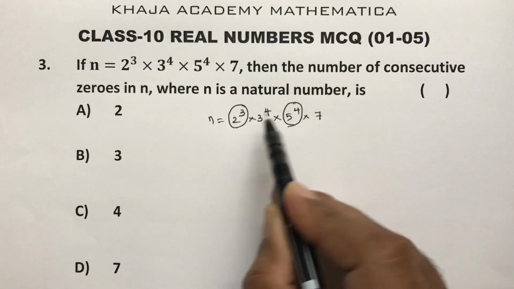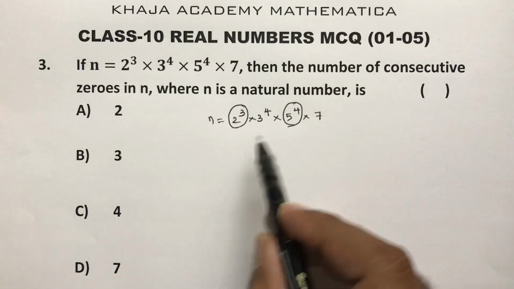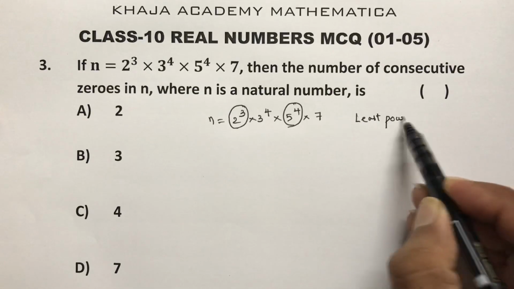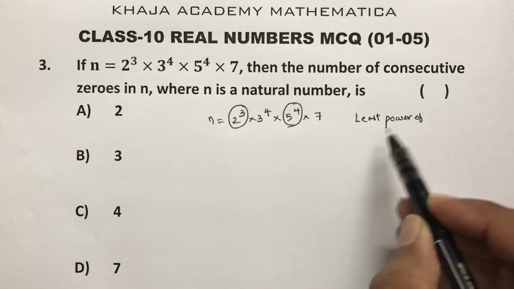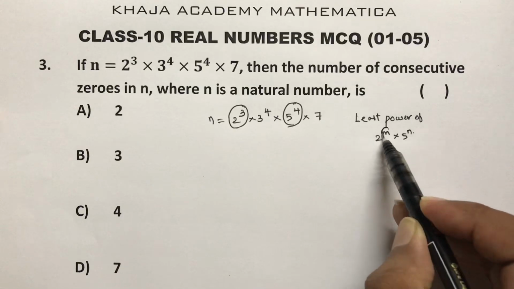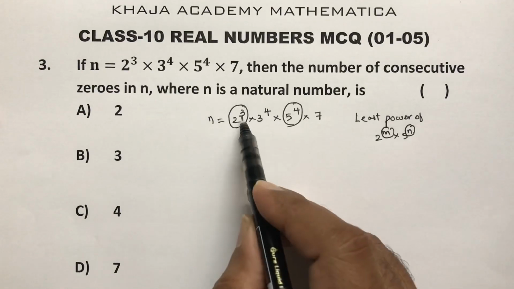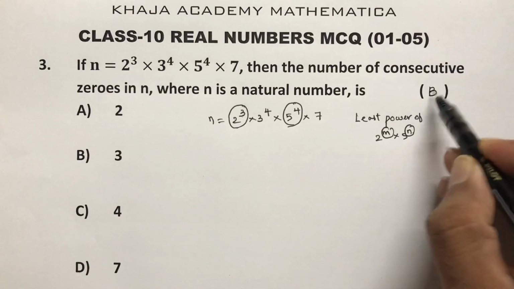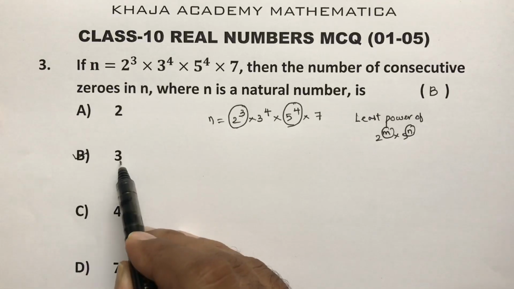The least power of 2 and 5 is 3. In 2 power m into 5 power n, whatever value is the least, that many zeros. So here the correct option is B. That is 3 zeros.